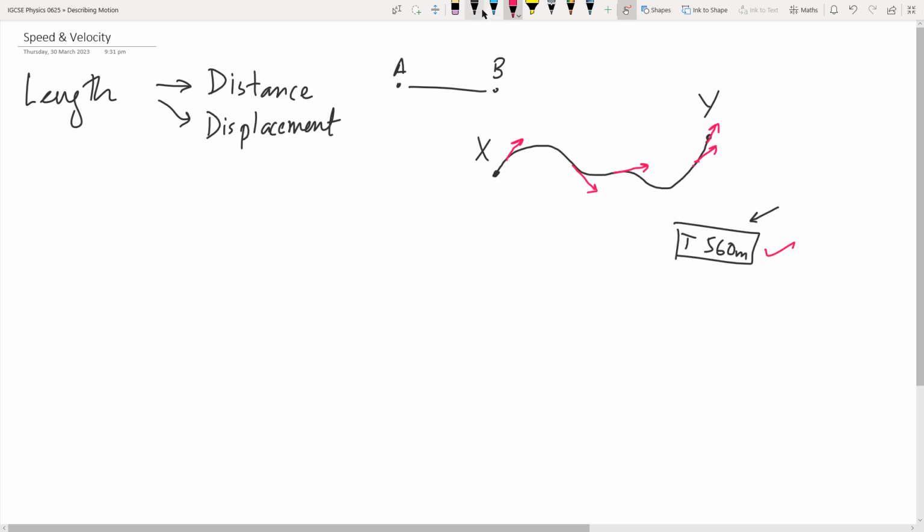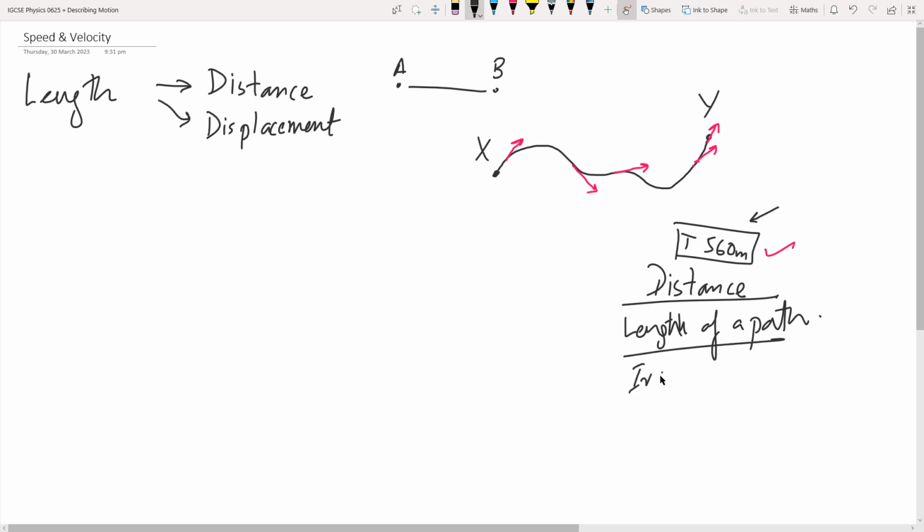So this is what we call distance, right? So distance is the amount of length covered in a specific path, the length of a path, irrespective of direction, right? So the direction doesn't really count when we're discussing distance.